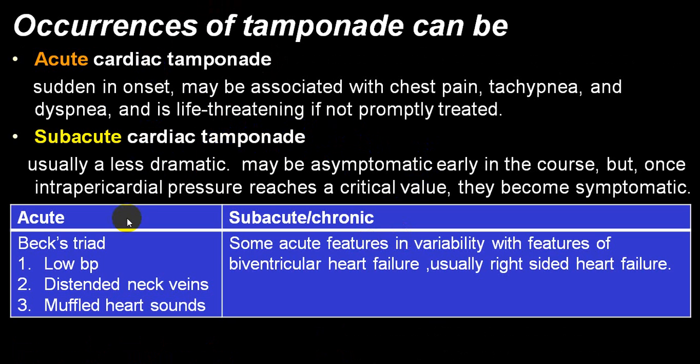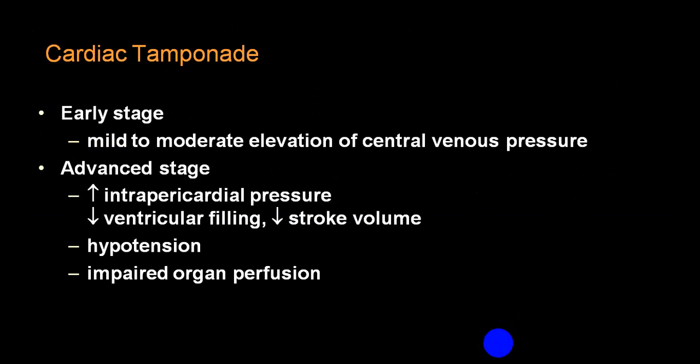In acute tamponade, Beck's triad is clearly present, while in subacute it is usually with biventricular heart failure, more right-sided than left-sided. That is quite common in the subacute variety, while in the acute variety it is more frequently right-sided heart failure.